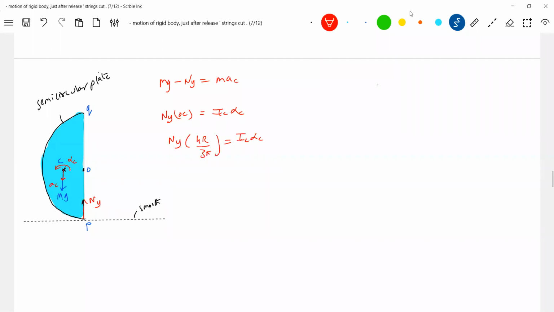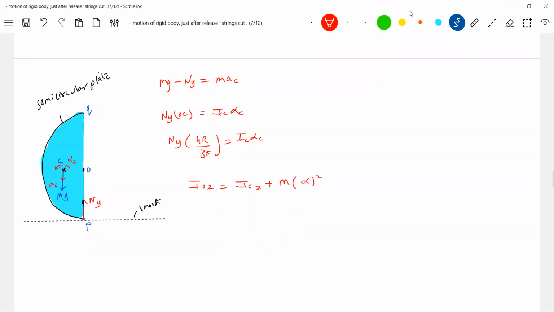How to calculate IC? Can we calculate about O for the semicircular plate? Go back to the logical method I showed. For the semicircular plate, about O we can find out IOZ. From that we can calculate ICZ applying the parallel axis theorem. IOZ is equal to ICZ plus M into OC square.